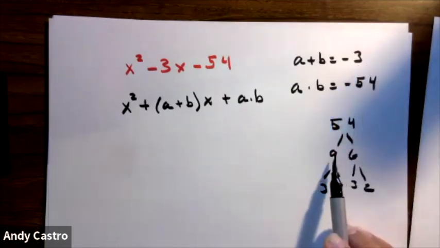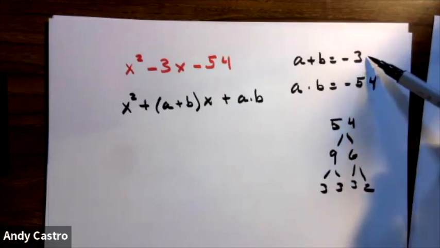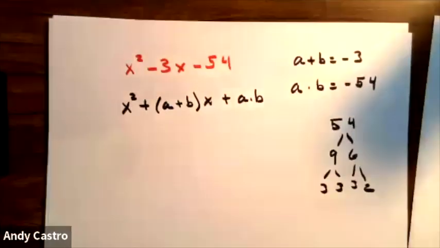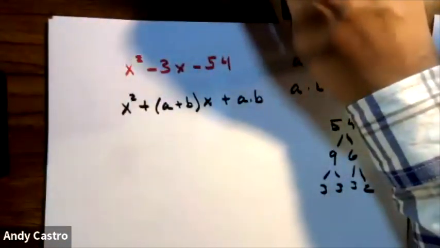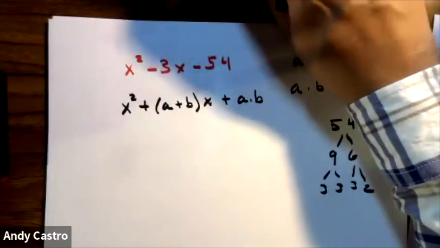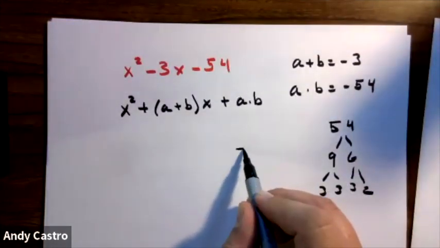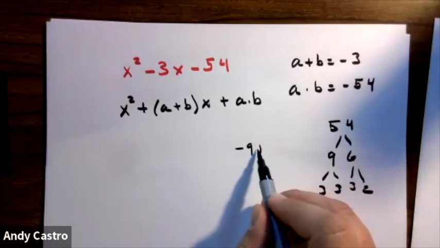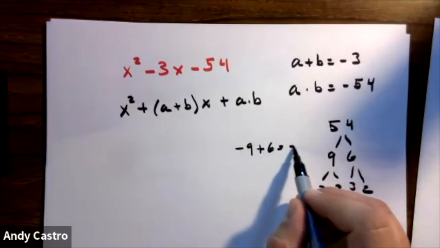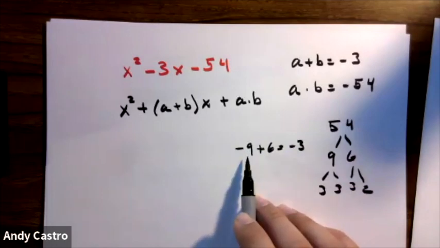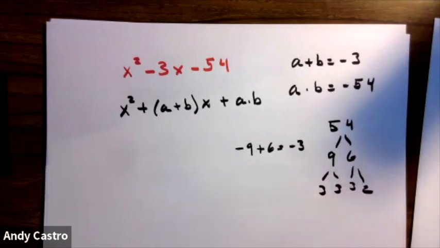Okay, so how can I use 9 and 6 to give me negative 3 when I add and negative 54 when I multiply? If I do negative 9 plus 6, that'll give me negative 3. Because negative 6 plus 9 is going to give me a positive 3. Negative 9 plus negative 6 is going to give me negative 15.